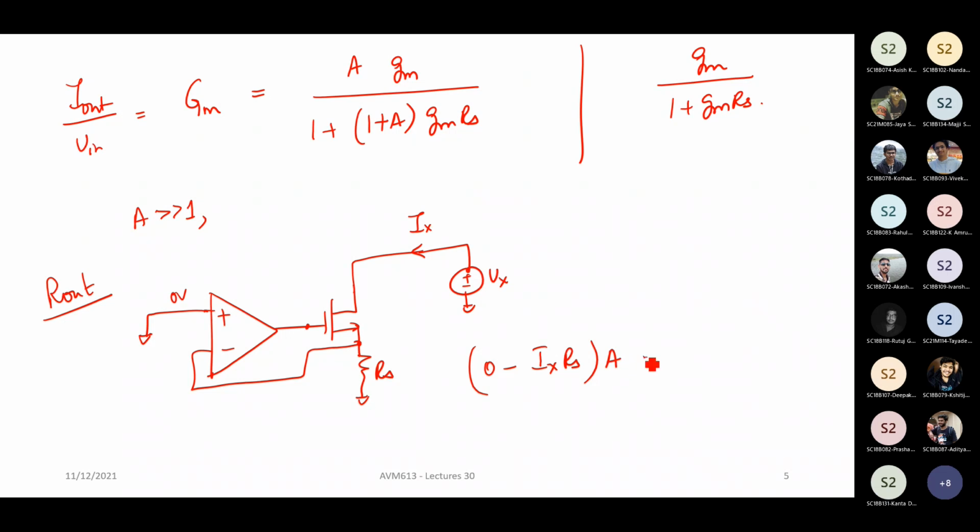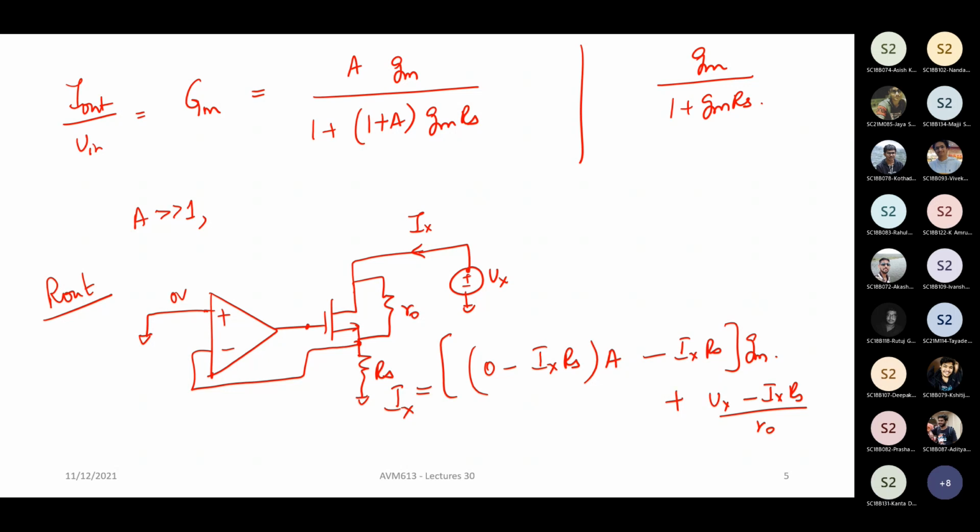So the gate voltage minus Ix times Rs is basically the gate to source voltage. That multiplied by Gm is one contribution. Of course, you also have R0 here, so this is going to be Vx minus Ix times Rs divided by R naught. This is the total current, and this whole equation is equal to Ix.